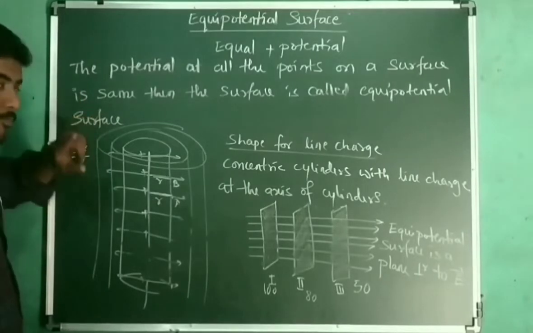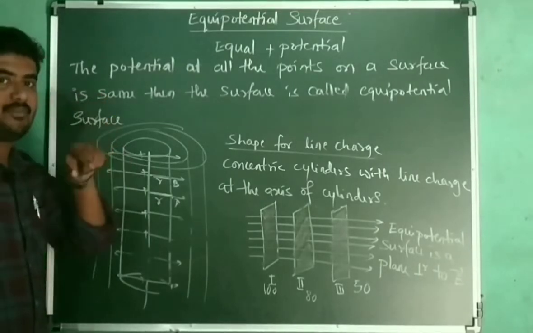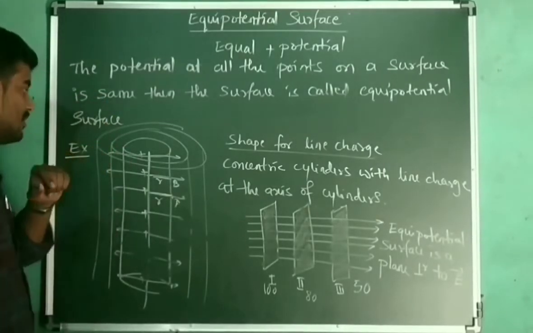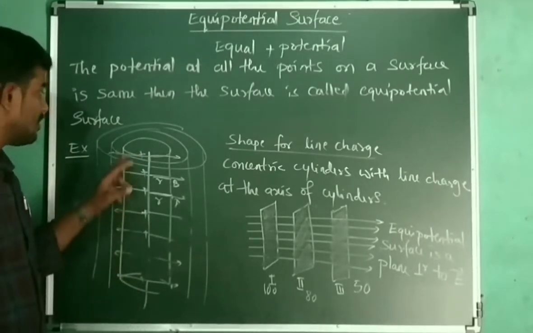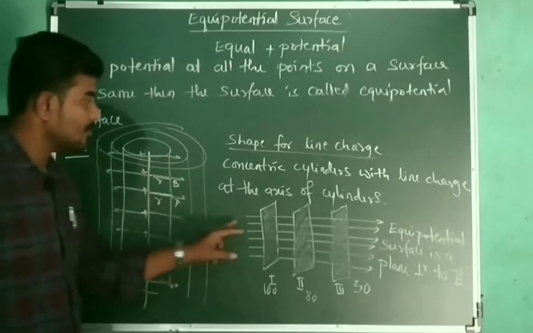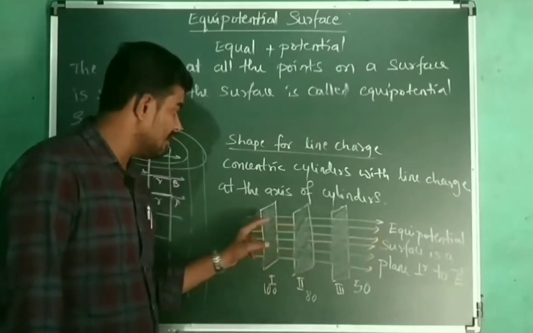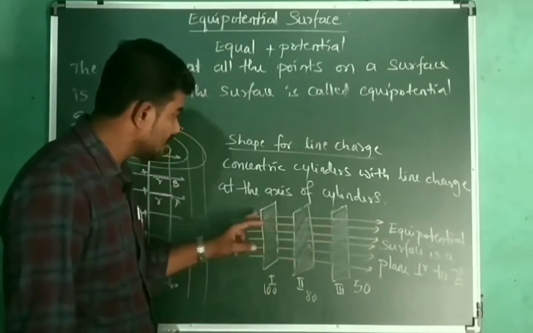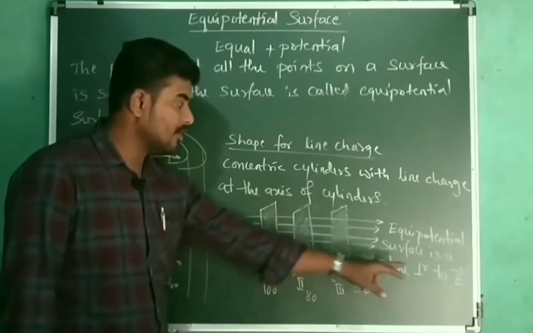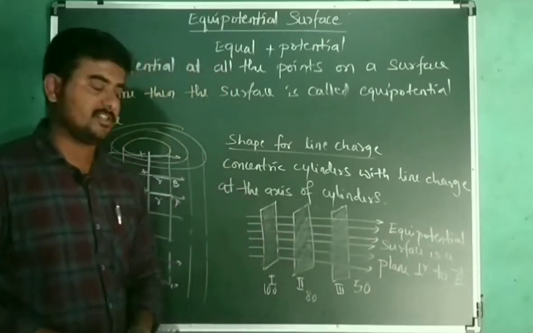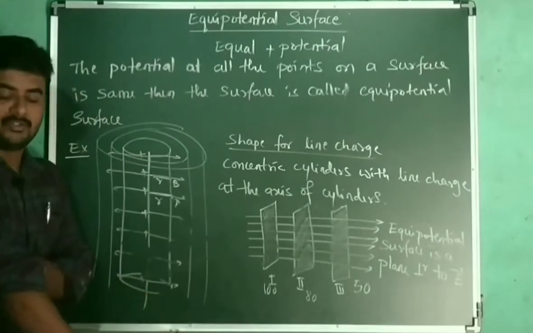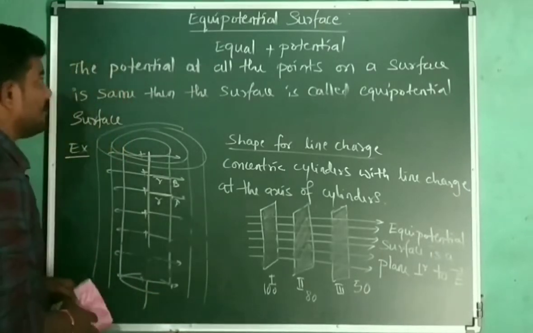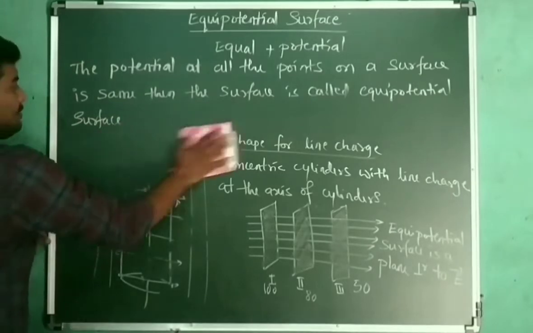For a point charge, concentric spheres are the shape of the equipotential surface. For a linear charge distribution, the shape is concentric cylinders. And for a uniform electric field, the equipotential surface will be a plane perpendicular to the direction of the electric field. Now let us start the very important properties of equipotential surfaces.